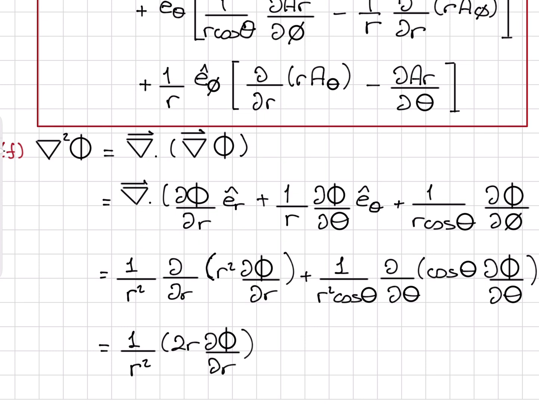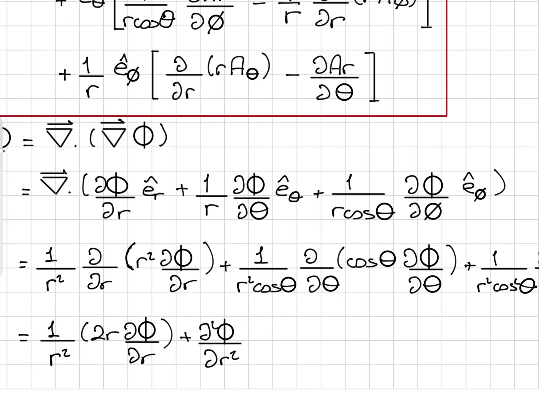Then in the product I leave this alone, therefore the r squares will cancel. I will have second derivative of phi with respect to r. In the second term here, theta derivative gives me minus sine theta.